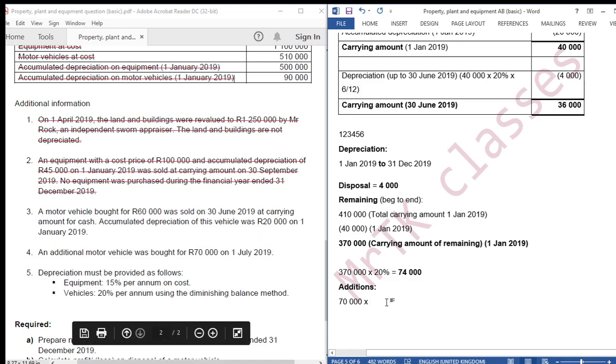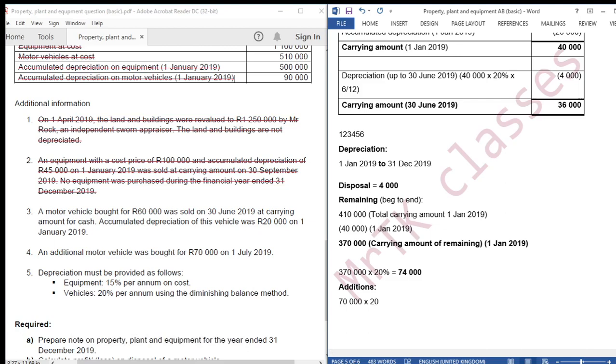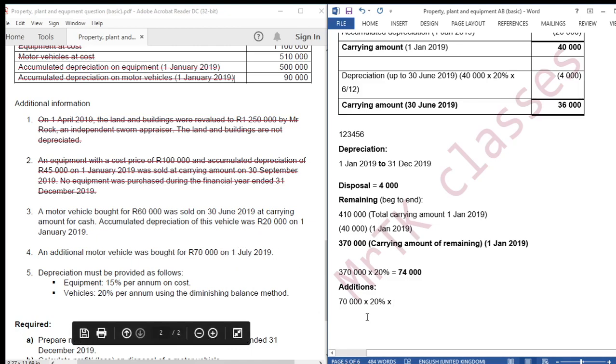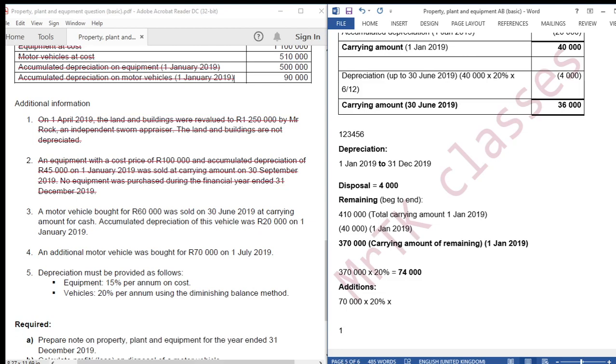So 70,000 multiplied by 20% multiplied by the number of months. How many months was this available for use in our business? Let's count. It was bought on 1 July 2019. July, August, September, October, November, December, 6 months.